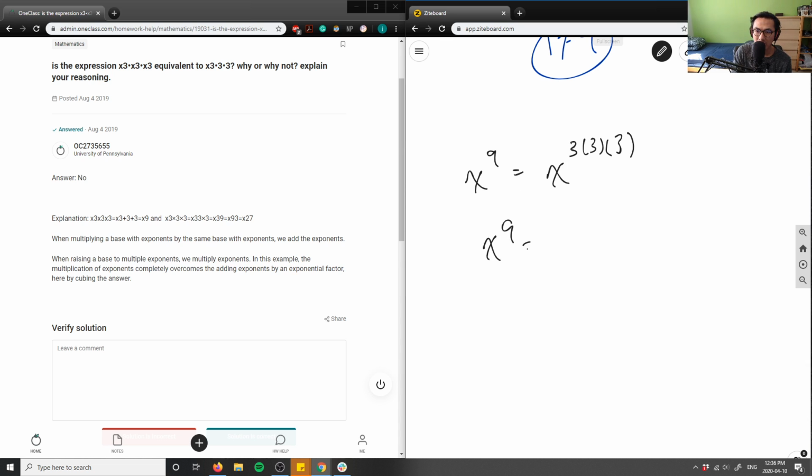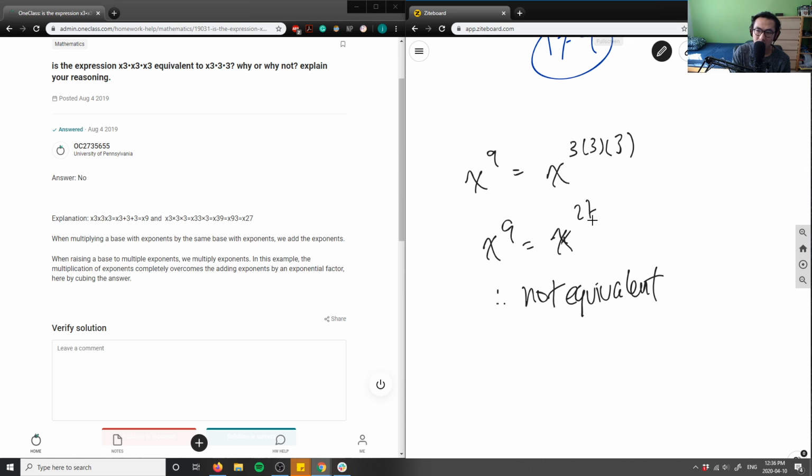And then if I'm multiplying, I have the exponent to the exponent, right? So in this case, I actually have to multiply here. So 3 times 3 times 3 here is 27. And this is not equivalent to each other, right? If I subbed in 1, it would be equivalent, and 0 as well, but any other number would not be equivalent, right? So therefore it's not equivalent to each other.